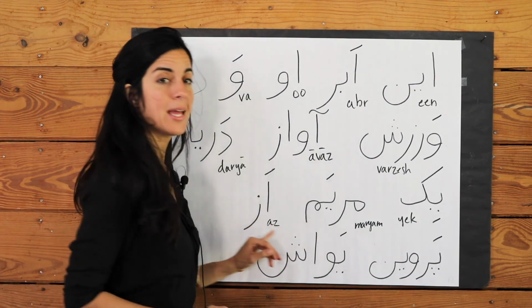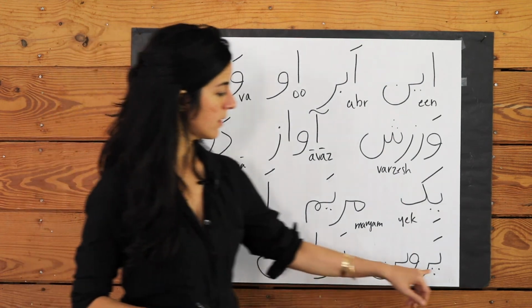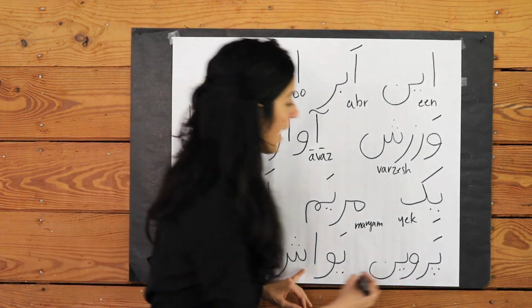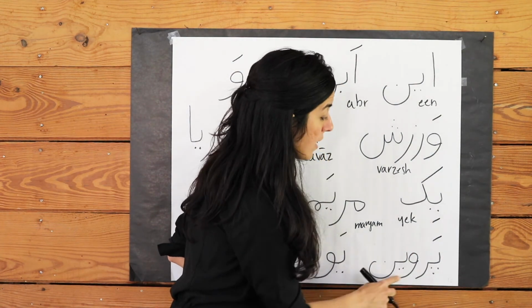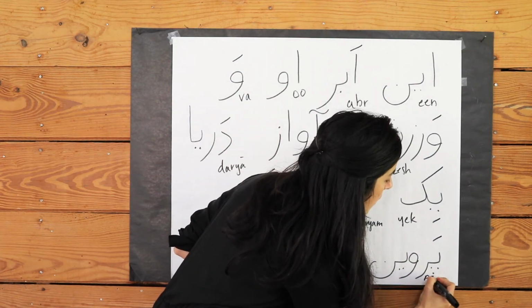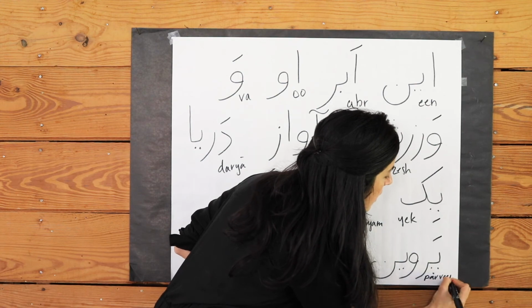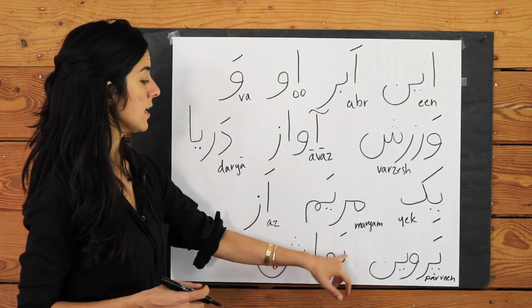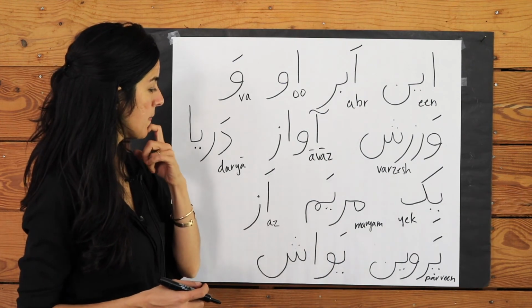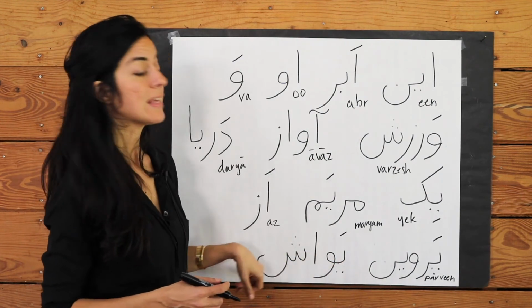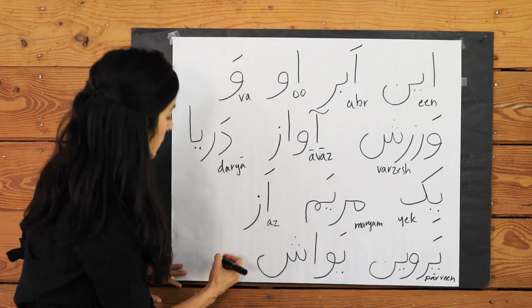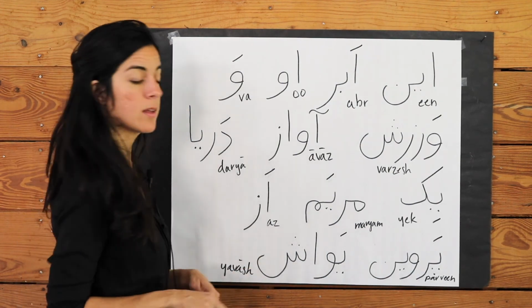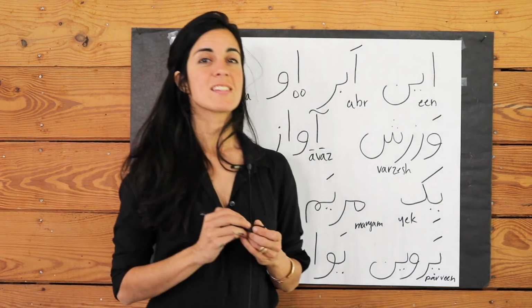It means from, as. Parvin. Parvin, this becomes the V sound. And this is a very popular woman's name. Parvin. And a Y with an A accent is yavash. And that means slow. Yavash. So yavash, yavash. Let's end this lesson.